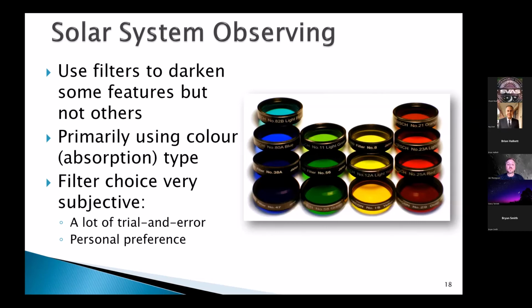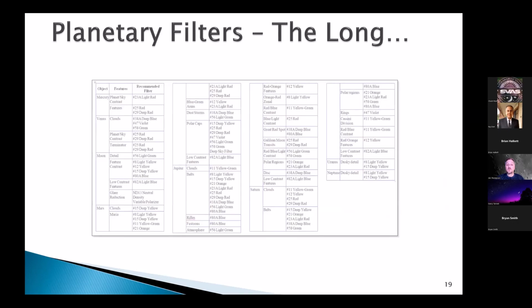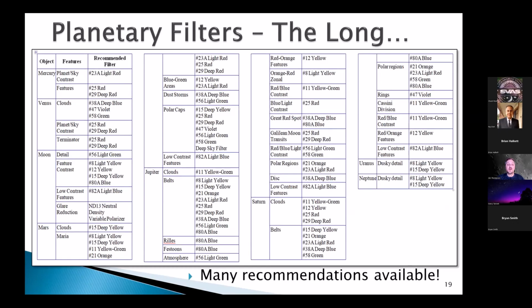If you read astronomy books or find online resources that will tell you the best filter to use for observing the planets, the end result will be a list as long as your arm of the filters you simply must have in your kit. The alternative is to take the advice of a poor schmuck who actually took the time to test all of these combinations for himself.